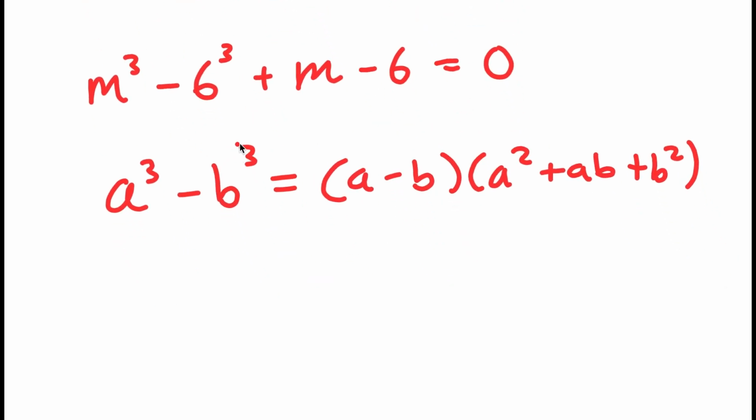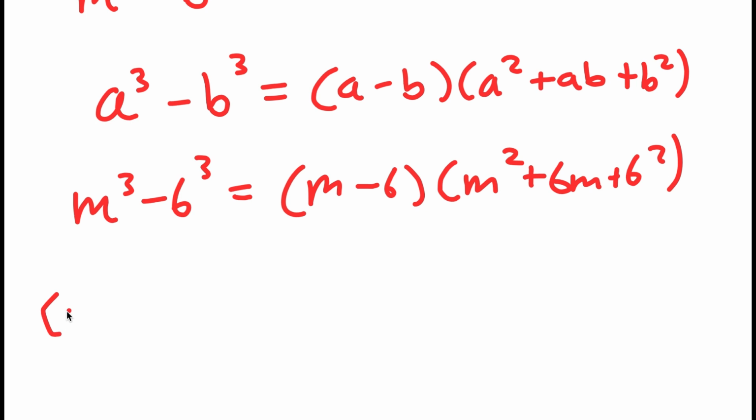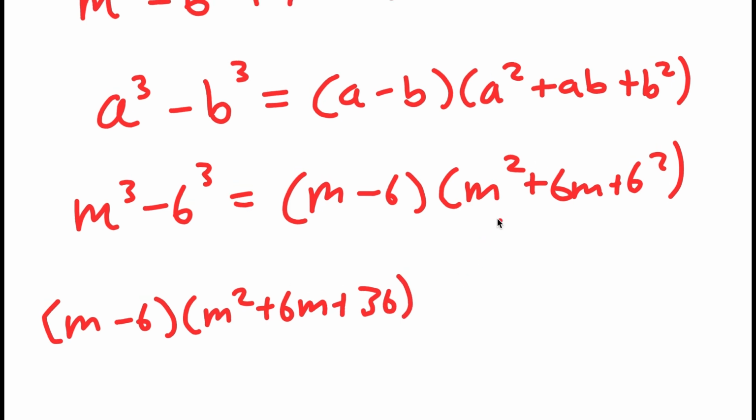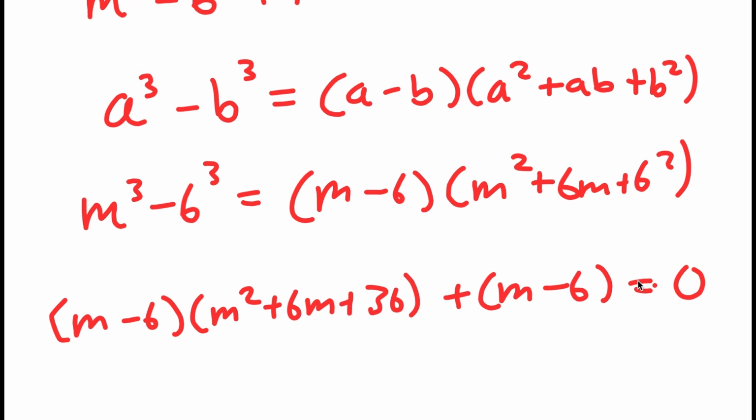So m to the power of 3 minus 6 to the power of 3 is equal to m minus 6 times m squared plus 6m plus 6 squared. So now I have m minus 6 times m squared plus 6m plus 36 plus m minus 6 is equal to 0.